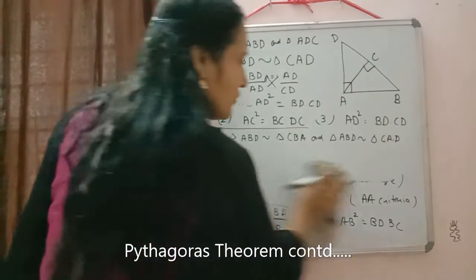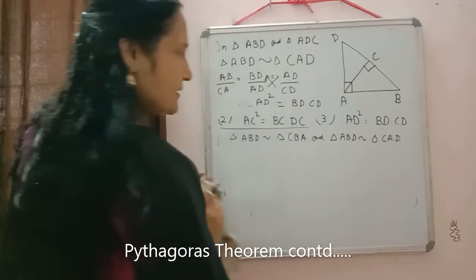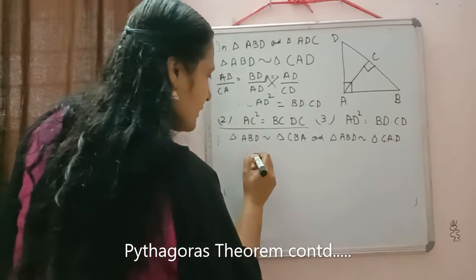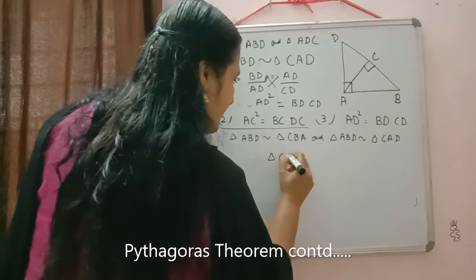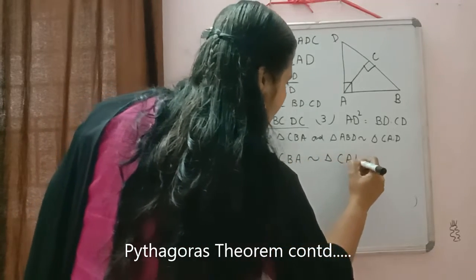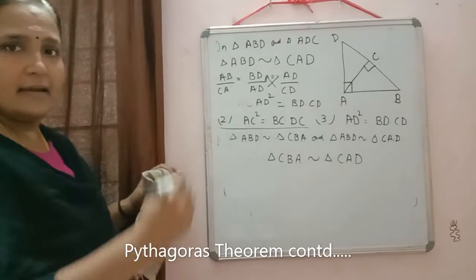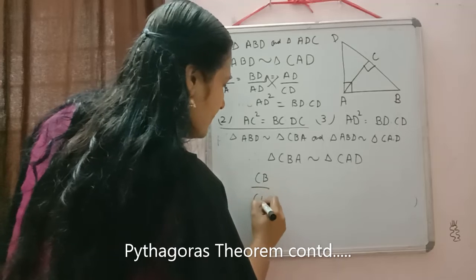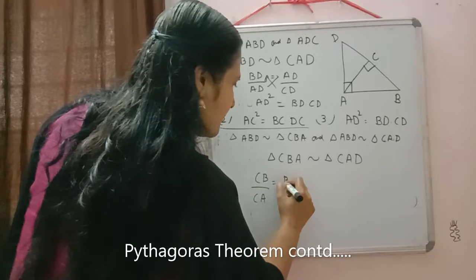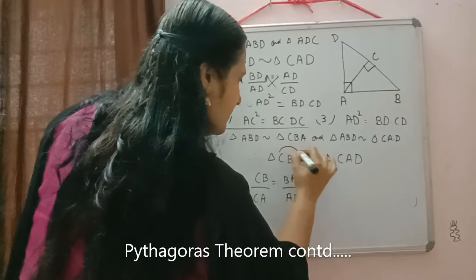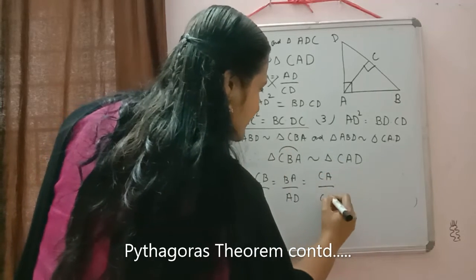From these two, what can we say? Yes, we can say these two triangles are also similar to each other. So write down there: therefore, triangle CBA is similar to triangle CAD. Now write down the ratios. It will come CB by CA is equal to BA by AD is equal to CA by CD.